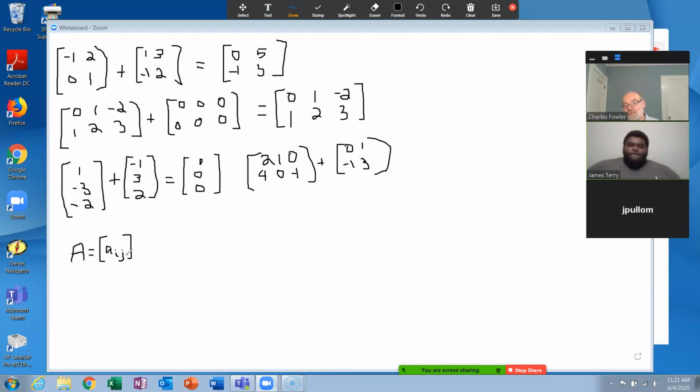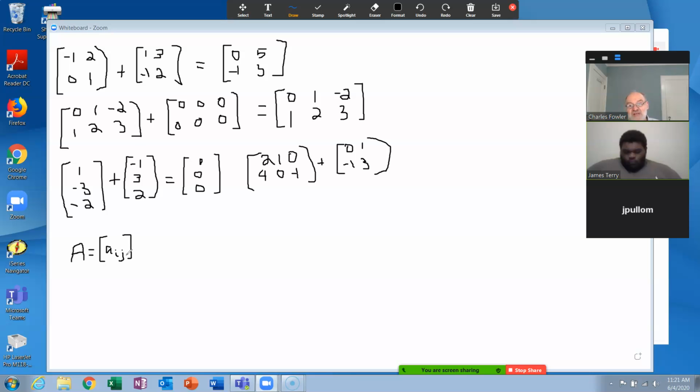So this is another way to say that matrix. You can either call it capital A or little a ij, and this is an m by n matrix, which gives the size: m rows, n columns.